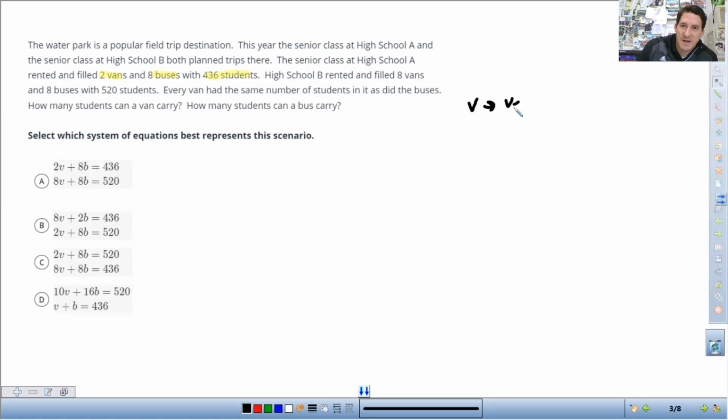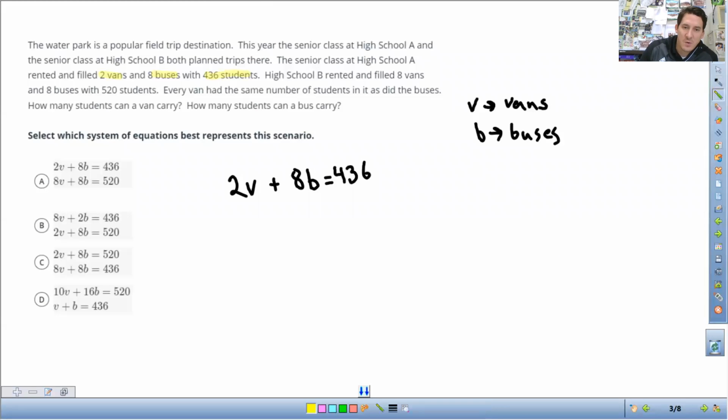So I'm going to use V for vans and B for buses. Simple, right? All right. So now I'm going to write my equation. So I had 2 vans, so I had 2V plus 8 buses, plus 8B, and that held a total of 436 students. So the first equation is done.